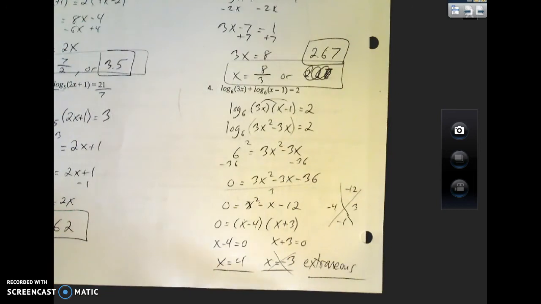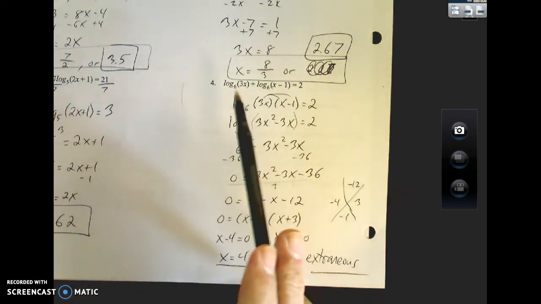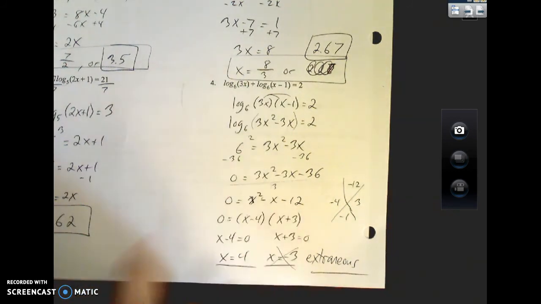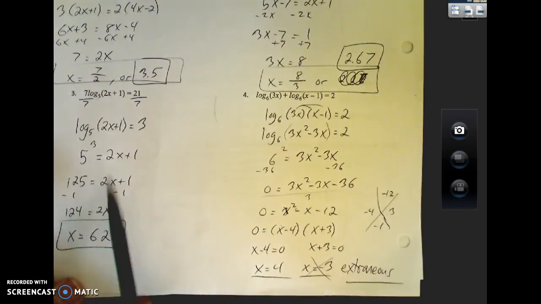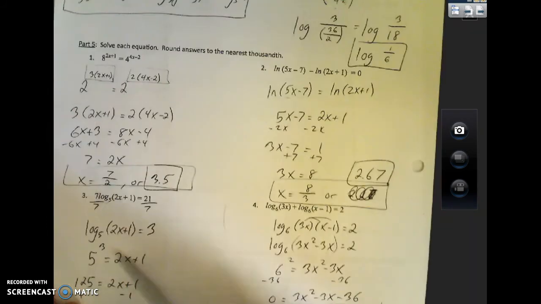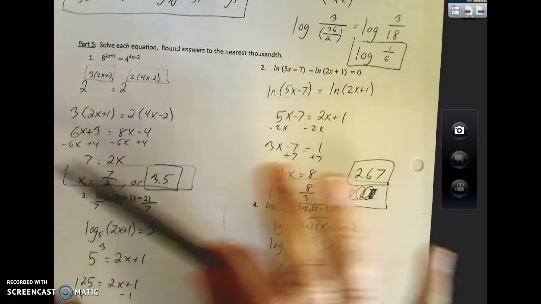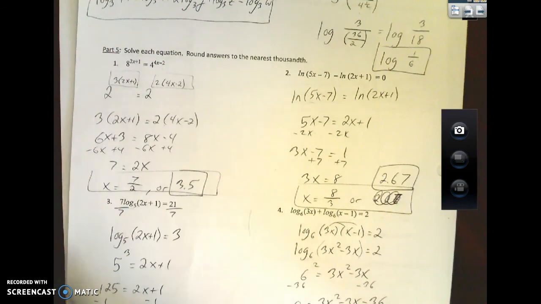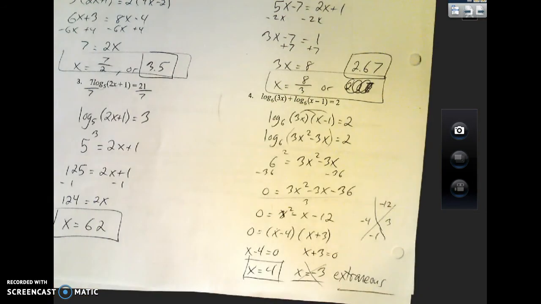So long story short, once you get your two answers, you plug them back in and make sure that you never have a log of a negative number. If you look back at all my previous answers, number 3, if I plug 62 up here, 124 plus 1 is 125, I was fine there. 2.67, if I plug it in here, they're both positive, we're okay. And then over here, we're okay because we weren't even dealing with logarithms. So that's what we're looking at. Therefore, down here, the only answer that works is x equals 4.